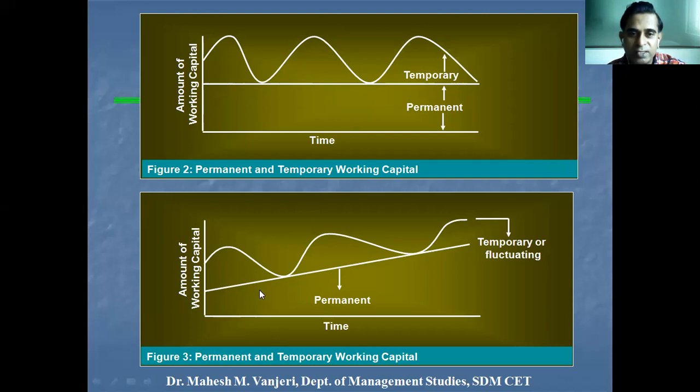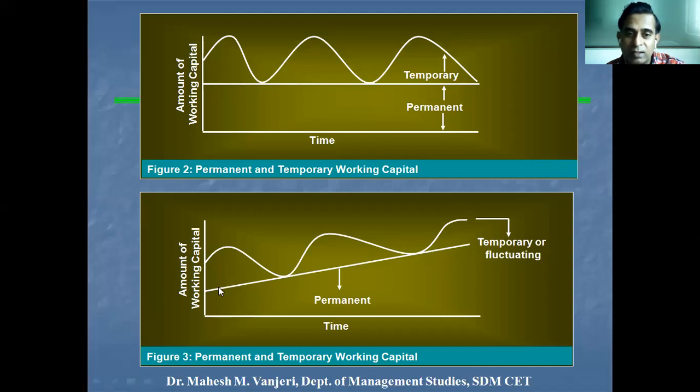Now figure 3, the curve of permanent working capital is moving upwards, meaning increasing. What does that mean? It means an increase in the operations of the firm, meaning on a permanent basis the company is manufacturing more units over a period of time, or as and when the company increases its production capacity permanently.